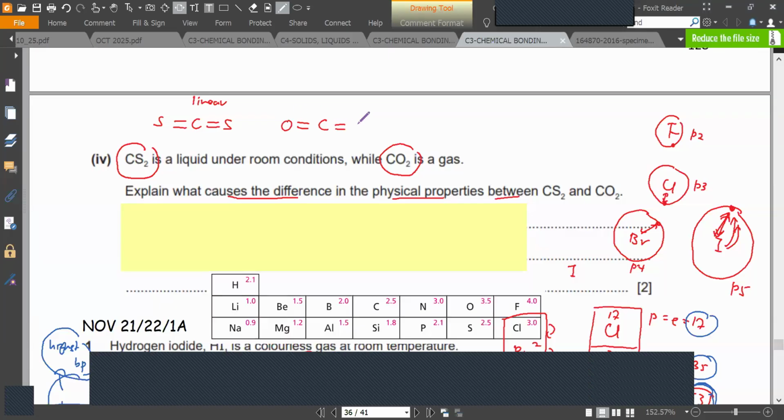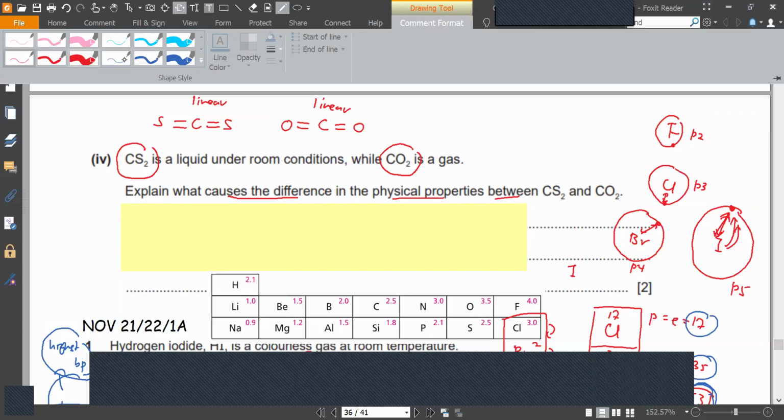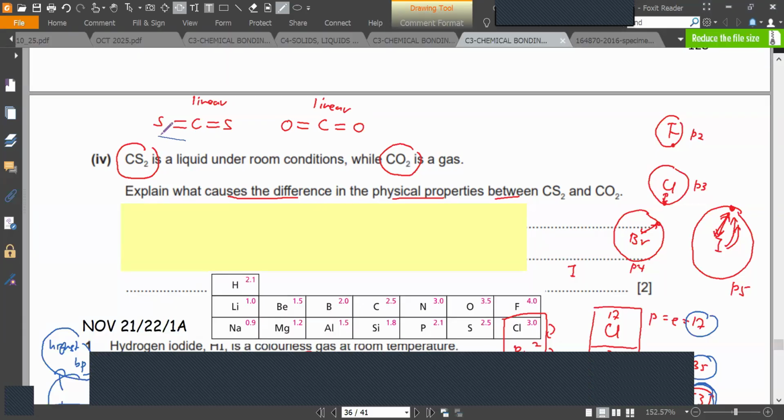CO2 is also linear. They have polar bonds, they have dipoles like this, but they cancel out because of the symmetry of these two molecules.